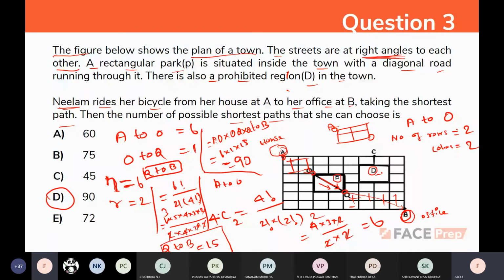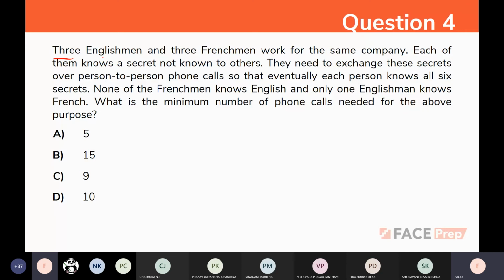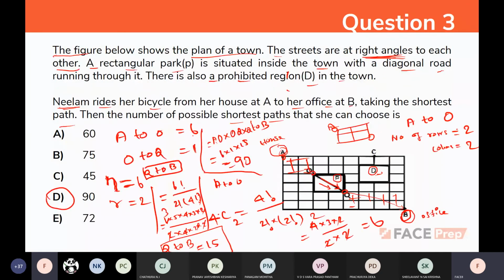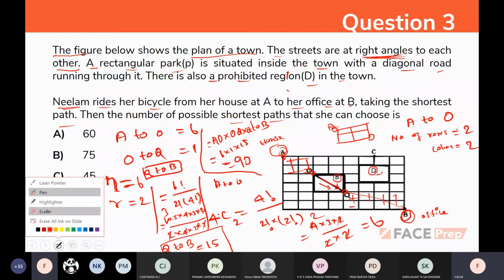Sir, one doubt. Tell me, Pa. Can you go back, please? Sir, here we didn't go to the left down corner of the park, no, sir? What are you asking? Let me erase these things.